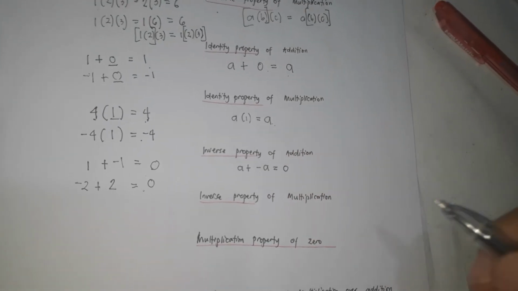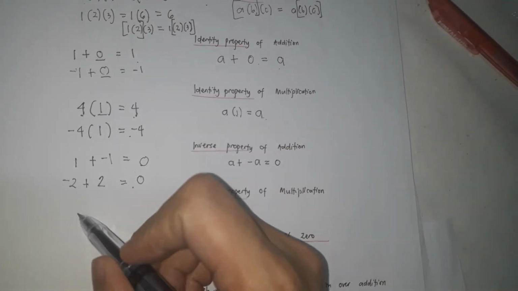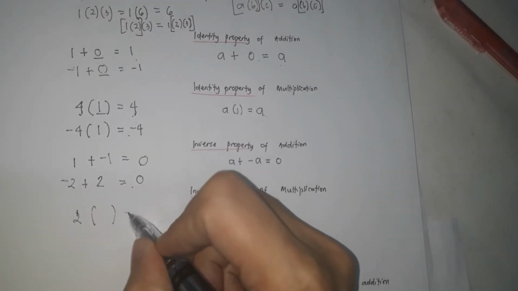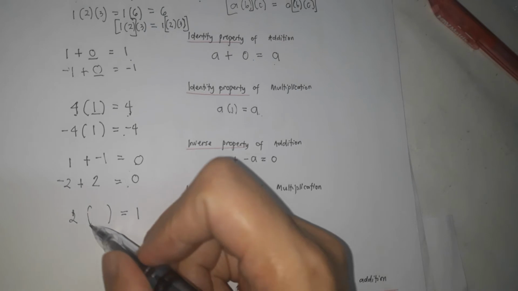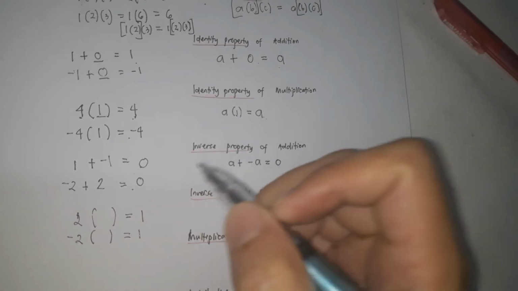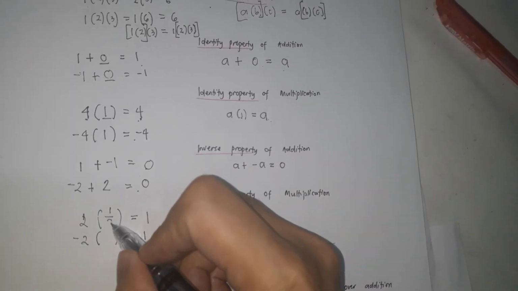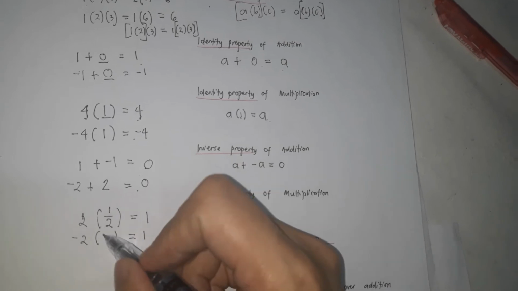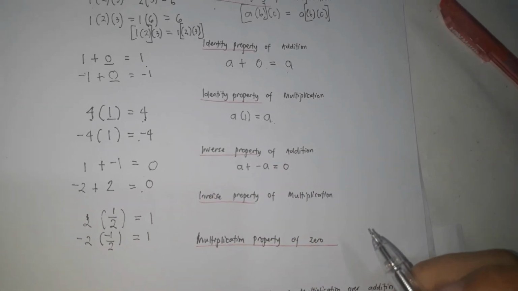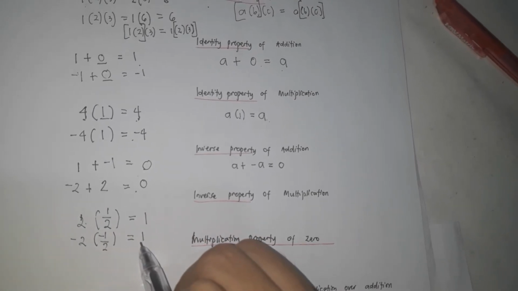The inverse property of multiplication: in the identity we had 1, and in the inverse, 1 as well. What are we going to multiply to 2 so that the answer would be 1? What number are we going to multiply to negative 2 so that the answer would be 1? It's 1 half. It's negative 1 half, because negative times negative is positive.